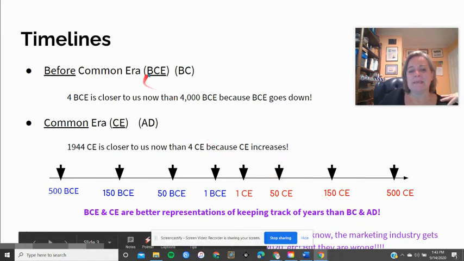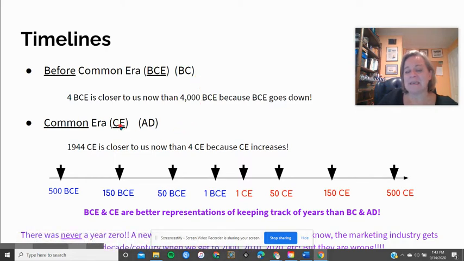Remember that BCE used to be called BC, that was considered before Christ, and CE in some things that you'll see in print are referred to as AD, that's after Dominion. And as historians, they gathered together and decided that they needed to have more common terms to use to refer to history. Because as you look throughout the world, even throughout America, we don't all follow the same religions.